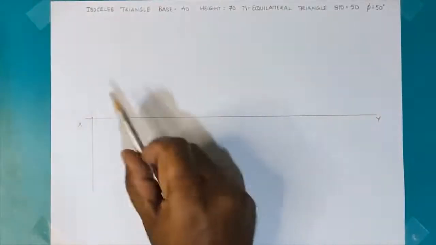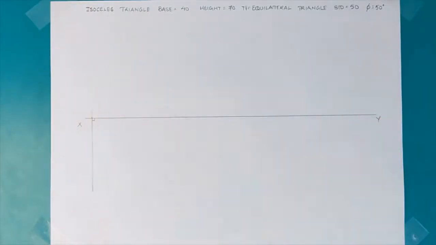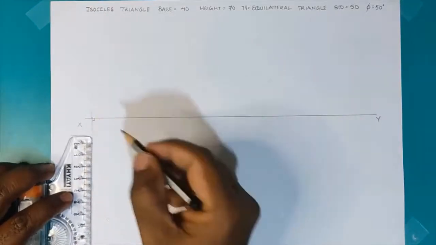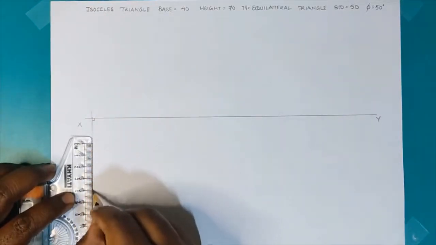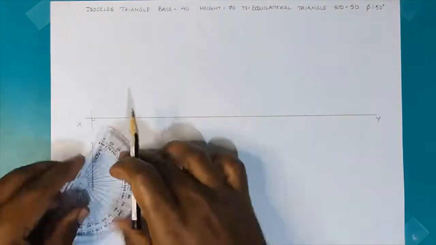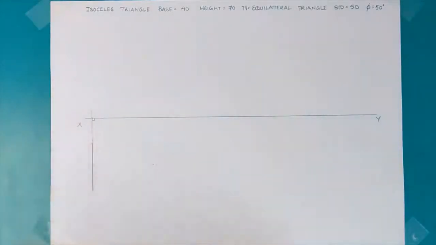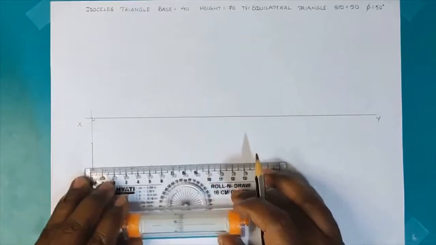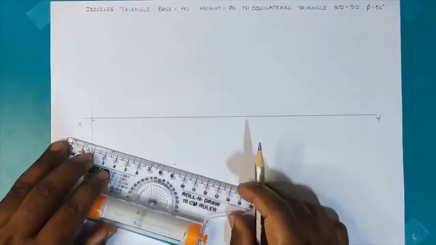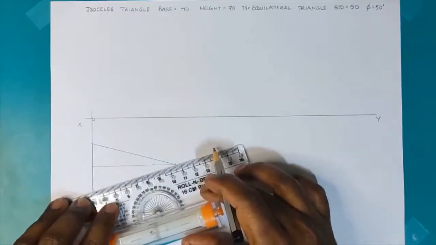The problem solving starts with writing the data, drawing the XY line and the perpendicular on which I start marking the base of 40 mm. Find its center, and using a protractor I'll erect a vertical to the base edge. I take an altitude of 70 mm and complete the required isosceles triangle.